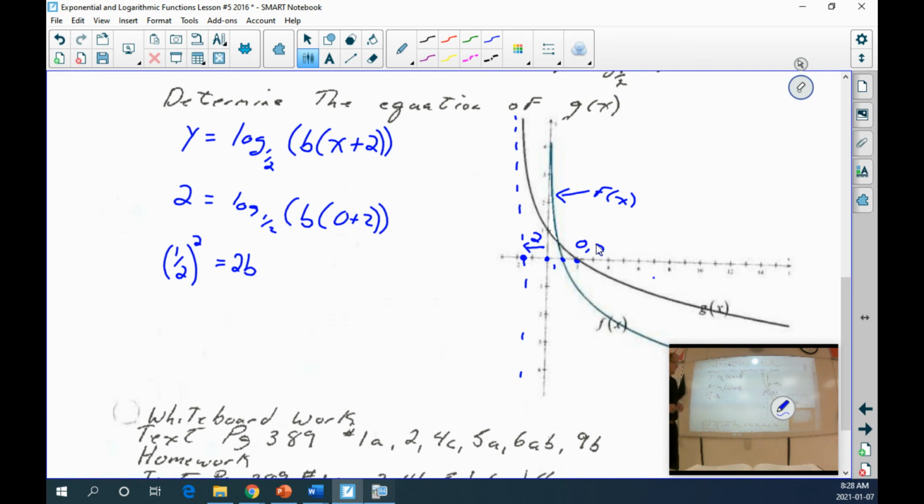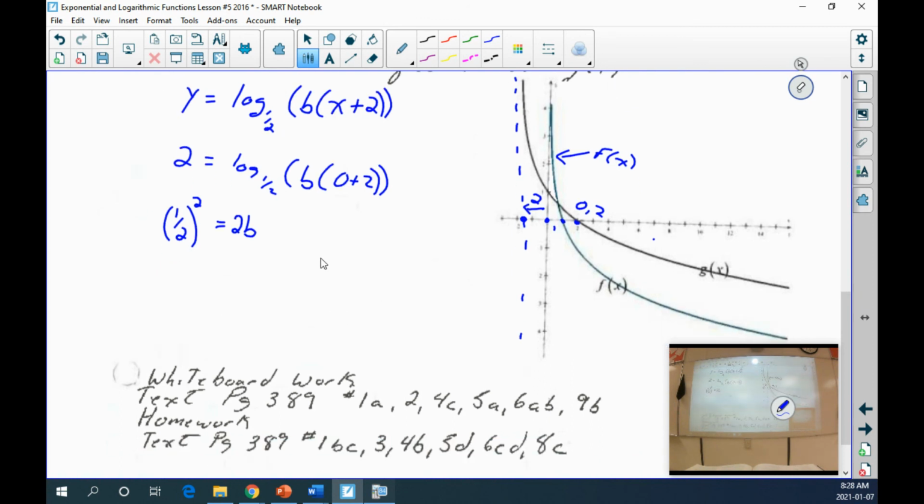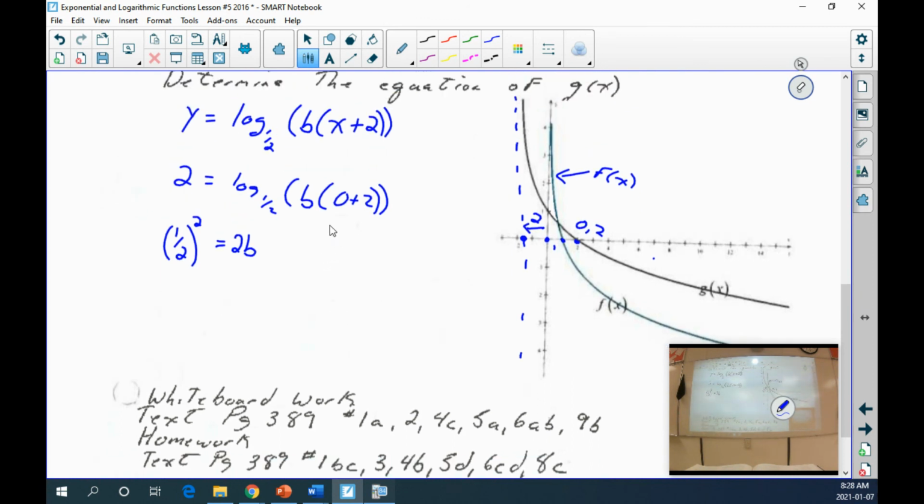Okay, so I've made some type of error in my thought process. So basically, I'm going to have 1/4 equal to 2b. b is equal to 1/8.